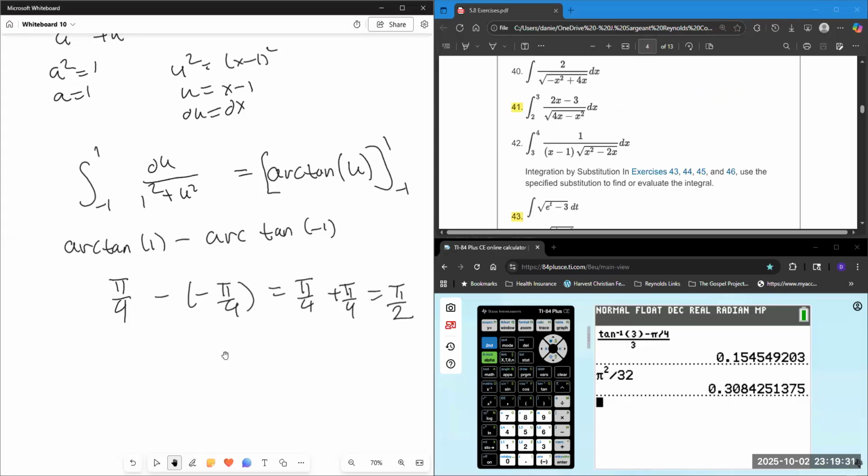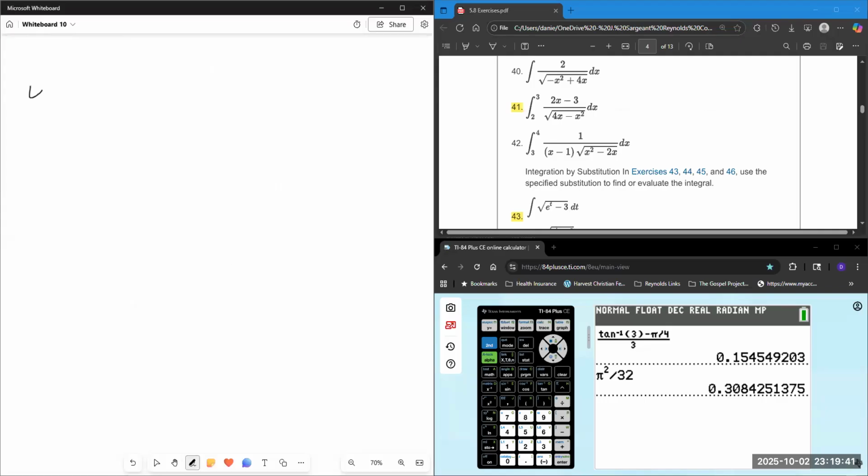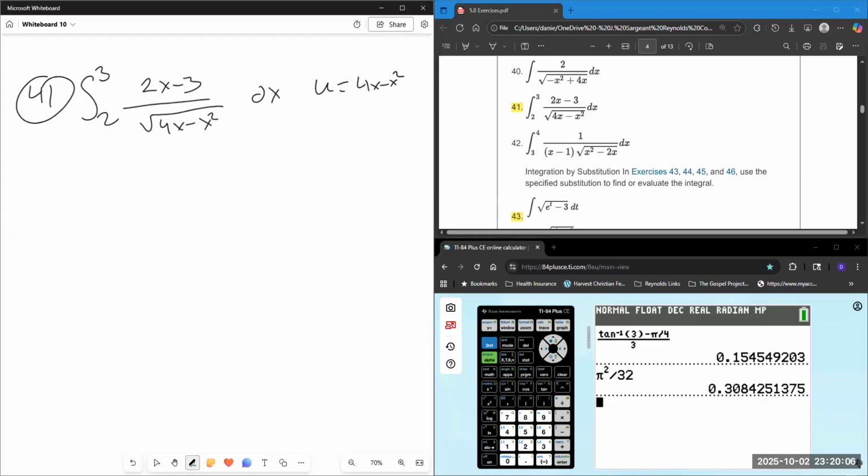Let's look at 41. Forty-one says the integral from 2 to 3 of 2x minus 3 over root 4x minus x squared dx. Let's see what happens if u is equal to 4x minus x squared to start off with.